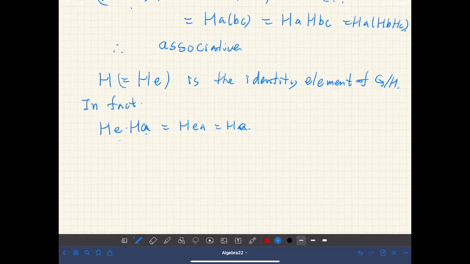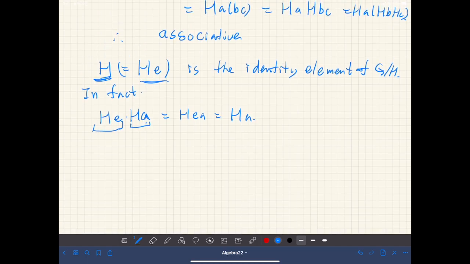And so multiplication by HE or just H does not change the other element. So it leaves the other element intact. So this is indeed the identity element.